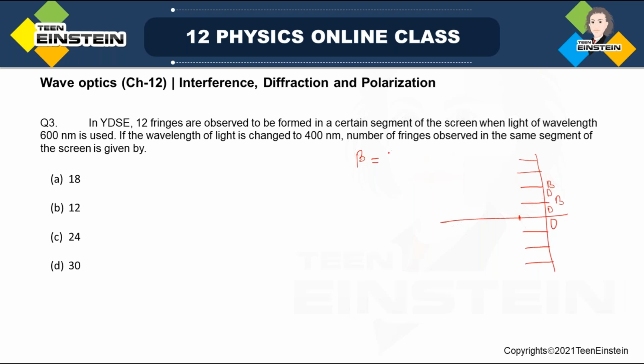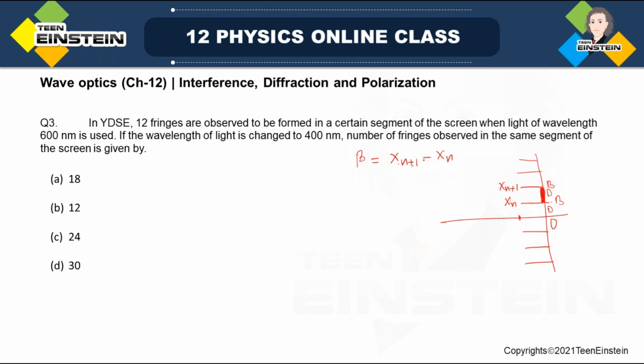It is the difference between successive bright or dark fringe positions. Suppose this bright fringe is at xn and the next bright fringe at xn plus 1, then the space between these two is called fringe width, and this will be the same throughout the fringe pattern.